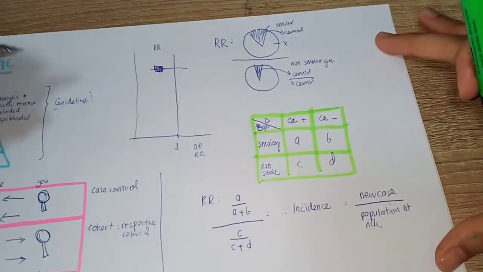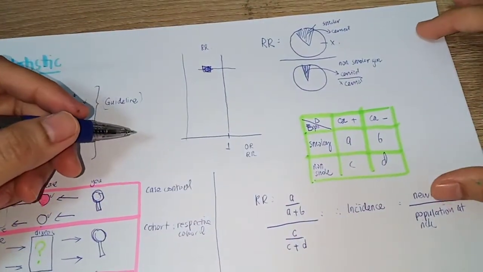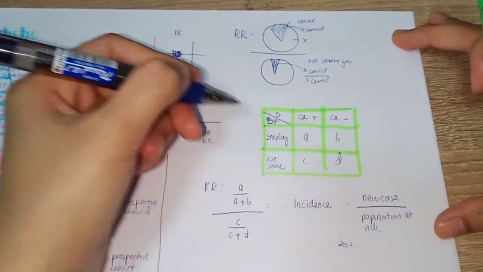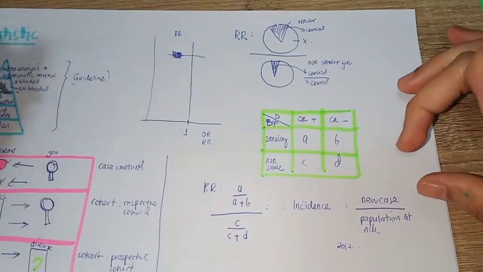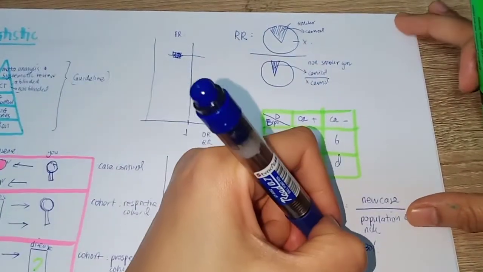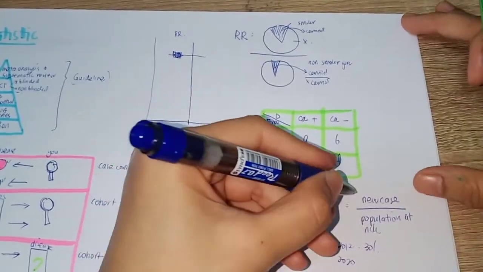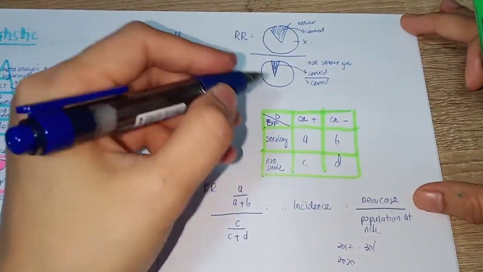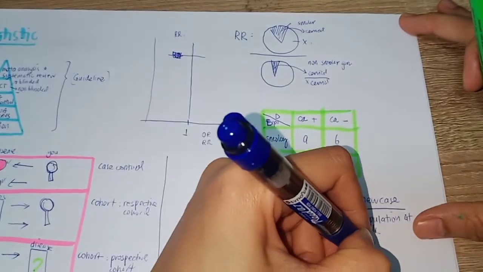So for example, in 2012, the incidence of cervical CA in the Malaysian population among the smokers is only 30%. But in 2020, the incidence, the new cases, among the population at risk, among the patients who smoke, increased to 70%.